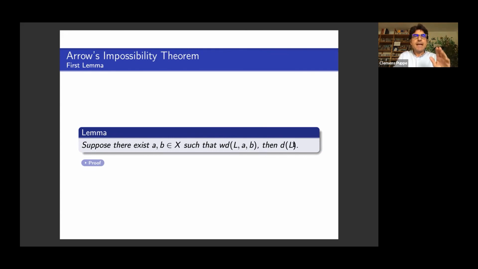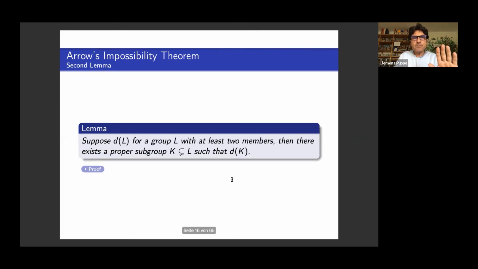Let's postpone the proof. The second lemma says, suppose a group is decisive and the group has at least two members. Then there exists a proper subgroup that is still decisive.